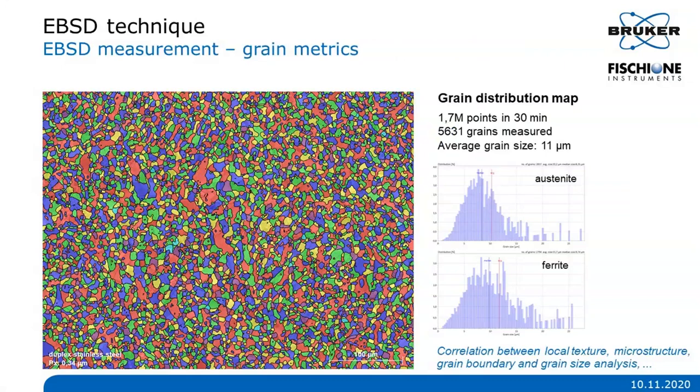So this is the grain distribution map in random colors. Benefiting from the large field of view of the SEM, EBSD provides quantitative data in a timely manner. In this example, more than 5,600 grains were measured in 30 minutes. The grain detections and grain matrix data were calculated in only 2-3 seconds. So here the average grain size is 11 micron.